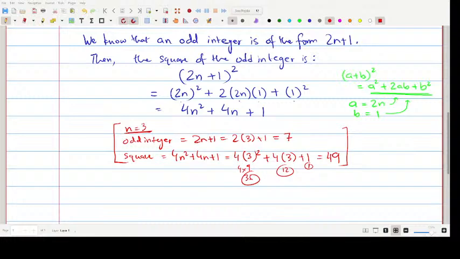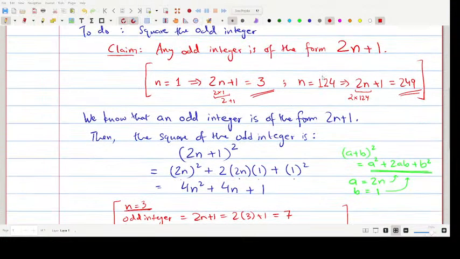So all positive odd integers are of the form 2n plus 1, and the squares of those positive odd integers are of the form 4n squared plus 4n plus 1. Okay, now why did we come here? And how is this going to help us?